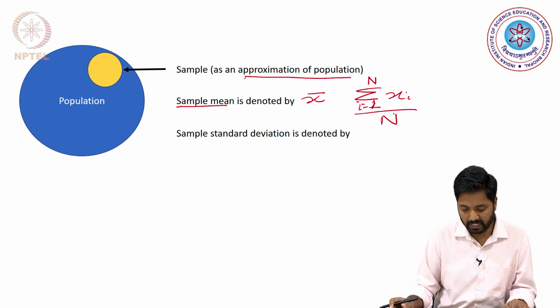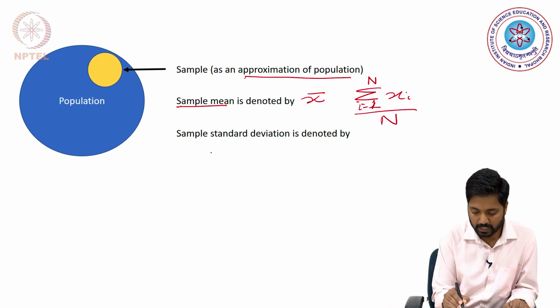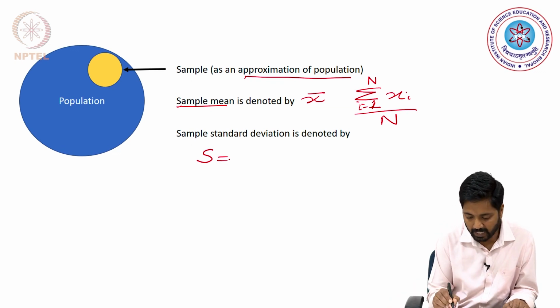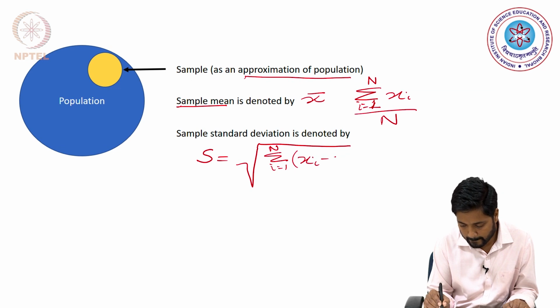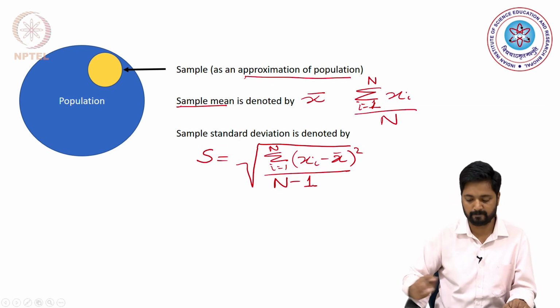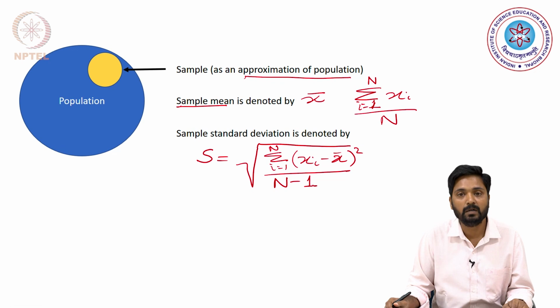Similarly, we can have a sample standard deviation now, which is denoted by S and is given by the formula written on the board.